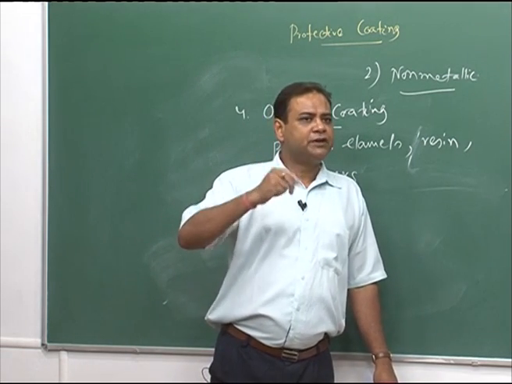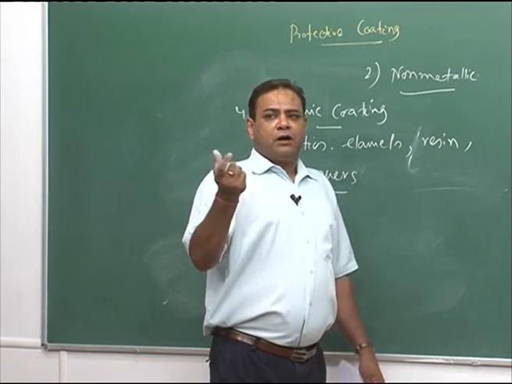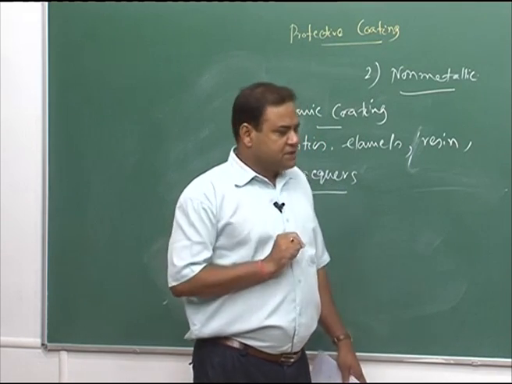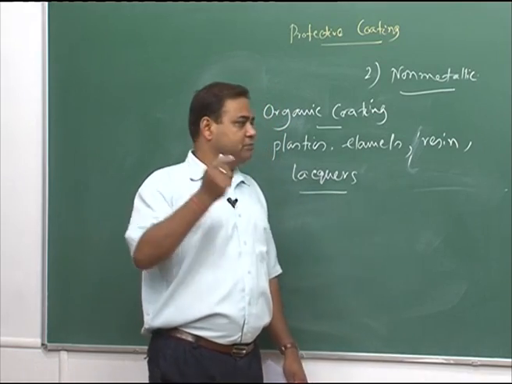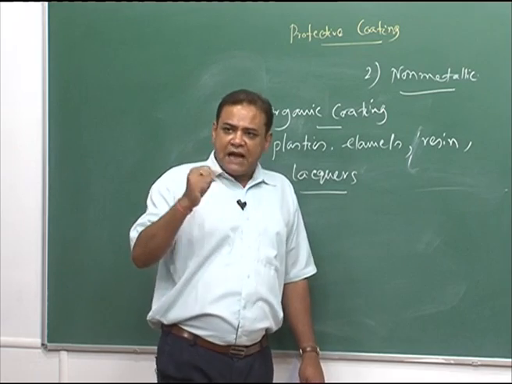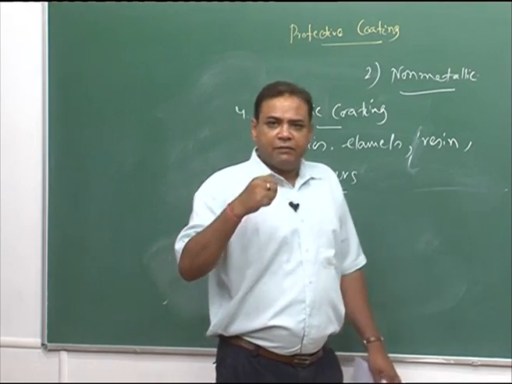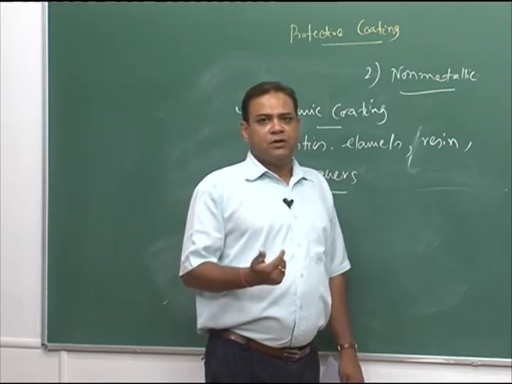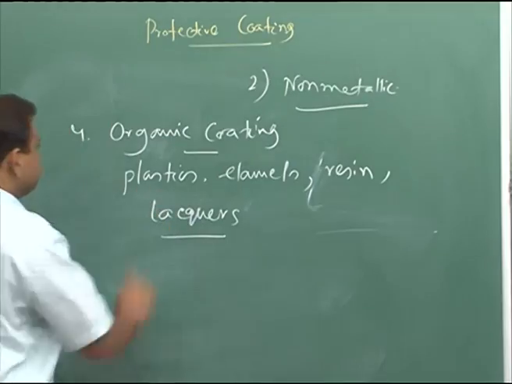In a single coat, the holiday defects would be more, and the coated surface or the organic coating would have many more defects. That can be very bad from the corrosion resistance point of view. So, this multi coat is essential.